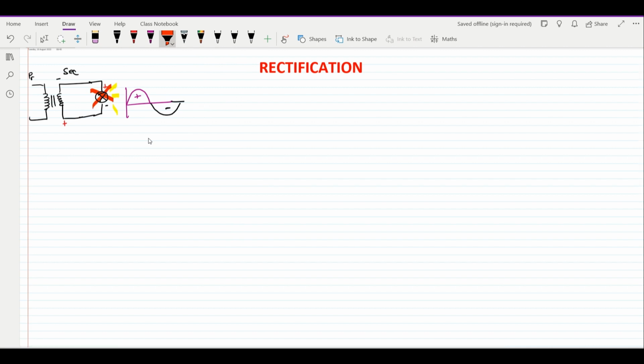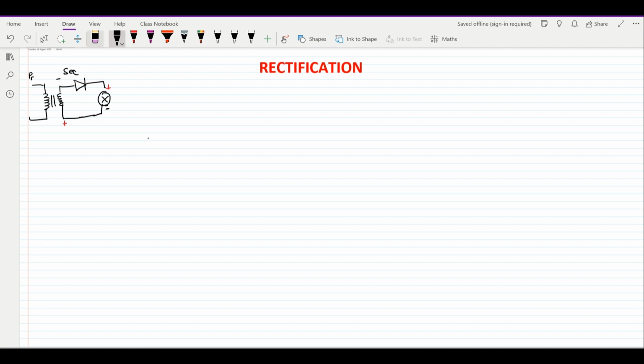How do we rectify that? First things first, we are going to use a diode to rectify this problem of ours. This means that we will connect our diode in series with our load, positive and negative.